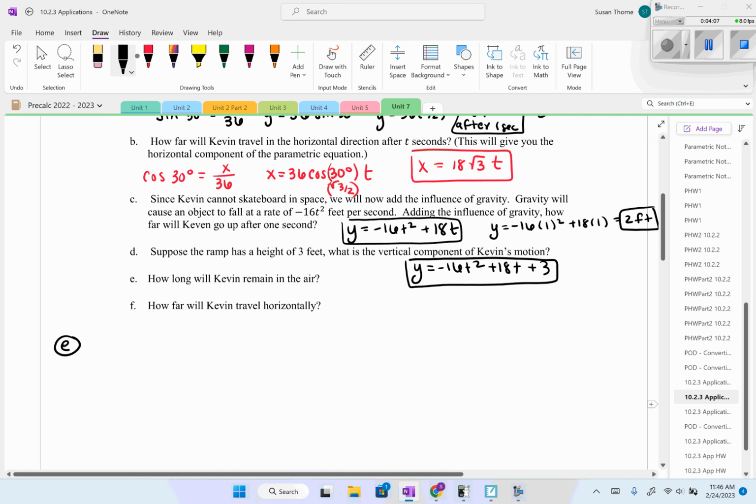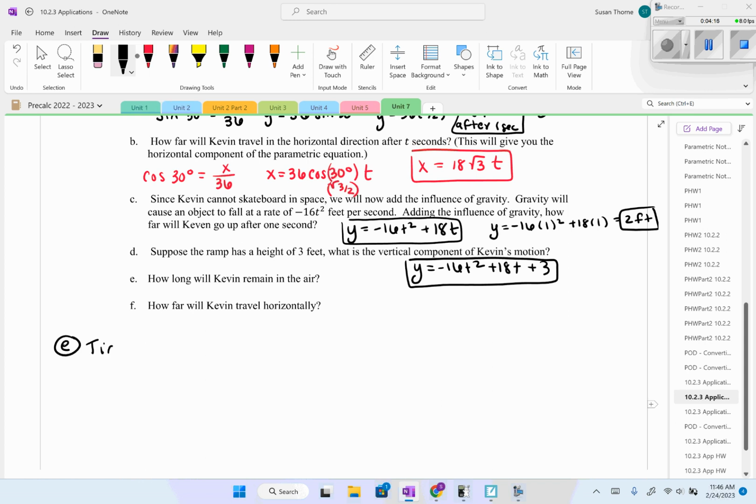So how long Kevin remains in the air means that we are trying to figure out when he's going to be hitting the ground. So we need the time that Kevin hits the ground. So if we know that we're hitting the ground, we know the ground has a height of 0 feet.